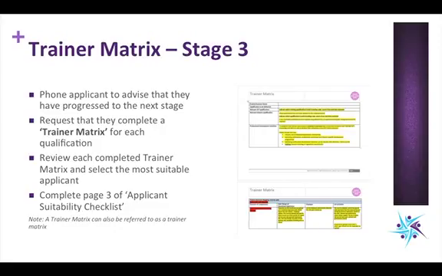You should review each completed trainer matrix and select the most suitable applicant. And then you can complete page 3 of the applicant suitability checklist. So that's where we're getting down, they've completed this trainer's matrix, we've got their resume, we've done the interview, and now we have a much better idea of who's going to be the best candidate for your position. A trainer matrix can also be referred to as a staff matrix.